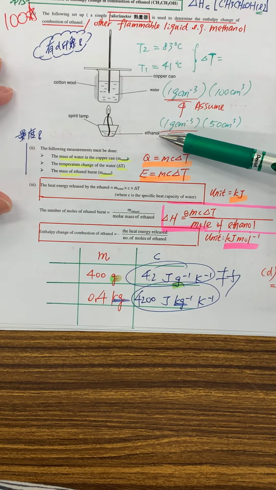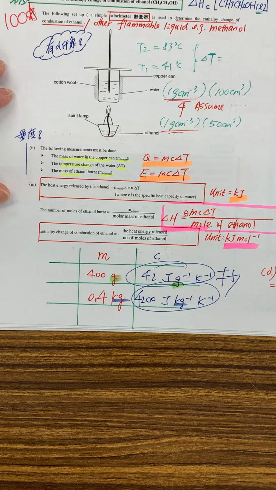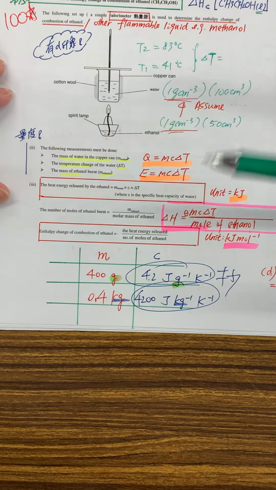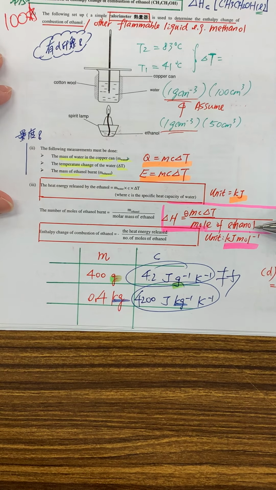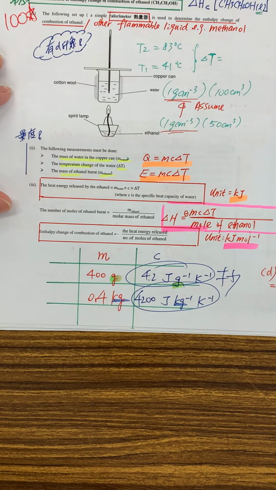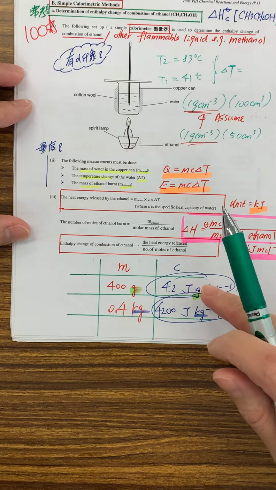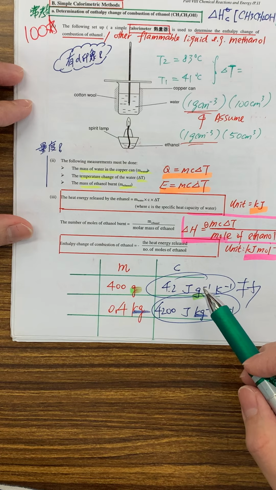Definitely the ethanol, the number of moles. Perhaps the data here is not sufficient to get the number of moles of ethanol, but you should know you divide by the number of moles of ethanol, not anything else. Kilojoule per mole. Now, this table is written down to remind the candidates: don't use the wrong unit.